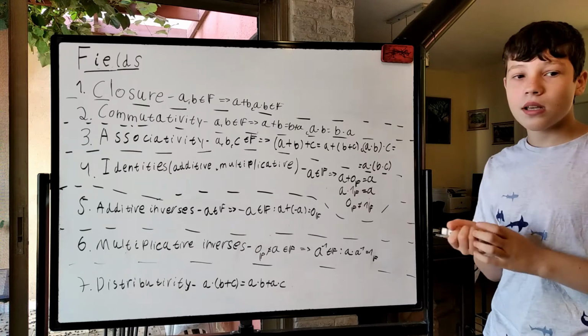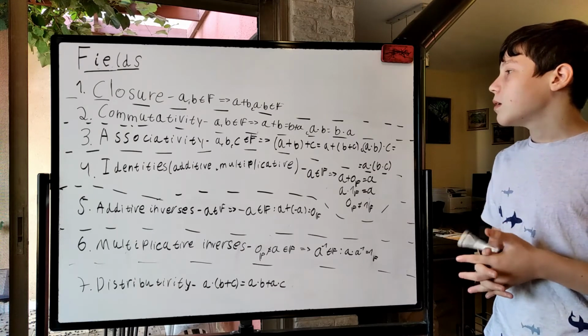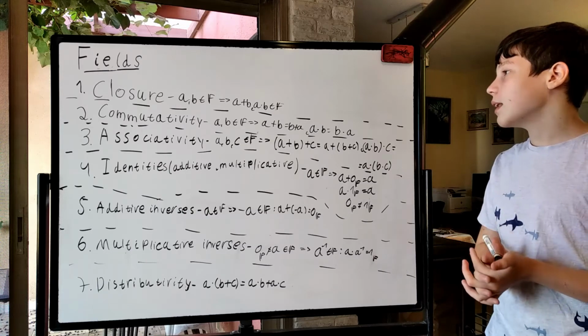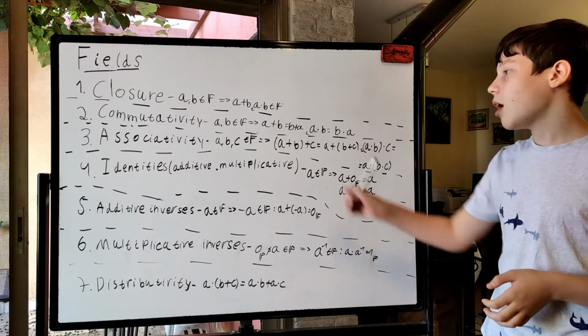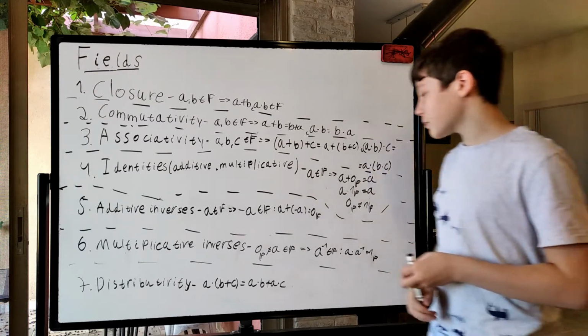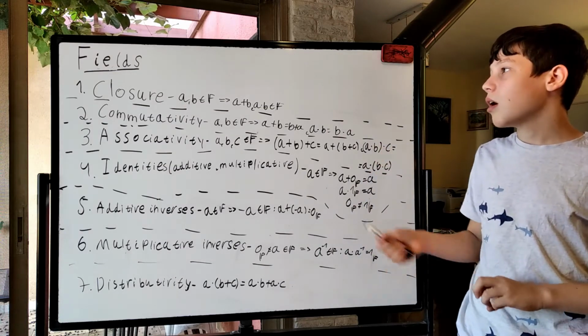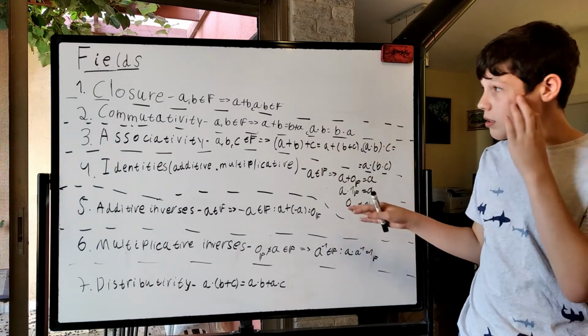But we're going to focus on numerical fields. So now that we have that, let's begin. And all of these sums and products are towards the field and not the regular sum or product.